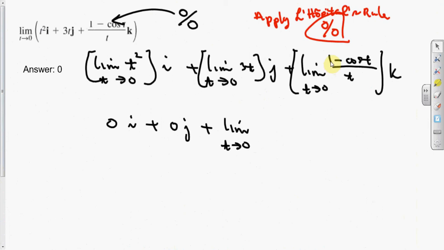The derivative of the numerator, the derivative of 1, is 0. The derivative of cosine is negative sine. Negative times a negative is positive sine t. And the derivative of t is just 1. So this is just times k. Then you evaluate sine t at 0. You get 0.